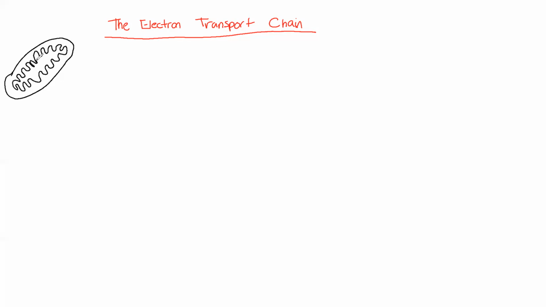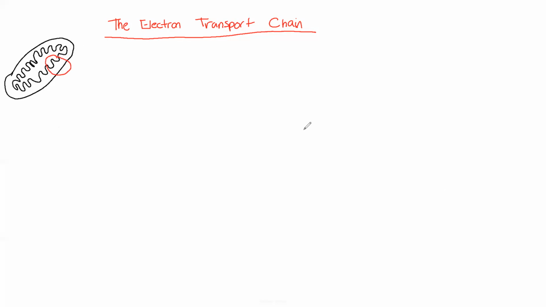Like so. And so we're looking at what happens across these 2 membranes, the outer mitochondrial membrane and the inner mitochondrial membrane. So this is the area that we're really focusing in on, these 2 membranes, the outer and the inner, okay?